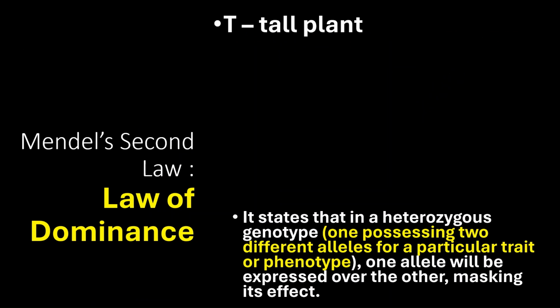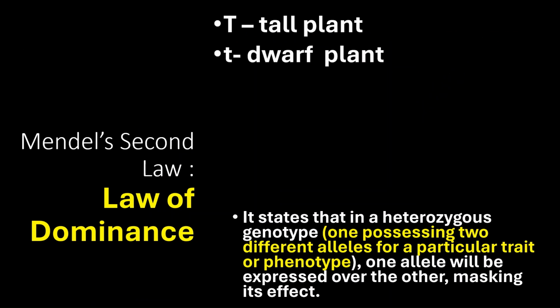And the allele that will be expressed over the other is the dominant allele. It will express itself over the recessive allele, and it will do so by masking. Another word for masking is blocking. So the dominant will block the recessive from appearing or from expressing itself.